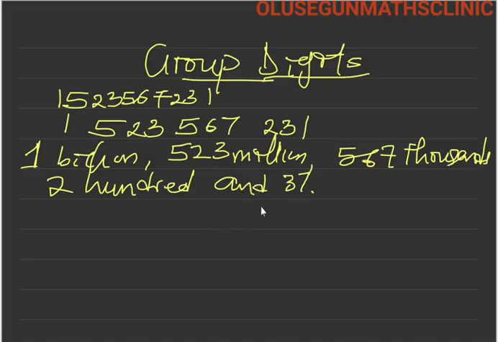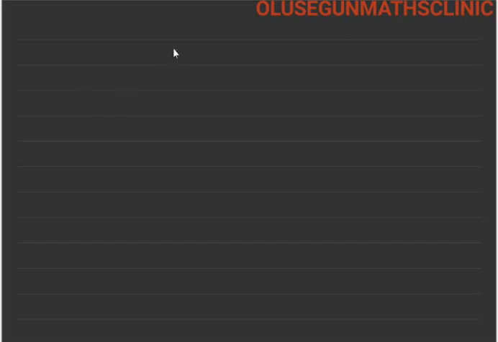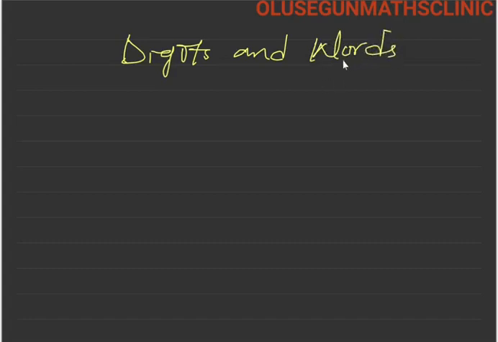So we also have what we call digits and words. Let's also explain this. In digits and words, for example, maybe in Naira, we have 3.4 billion.